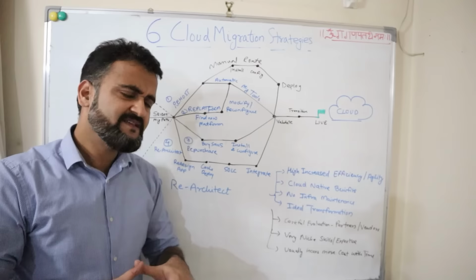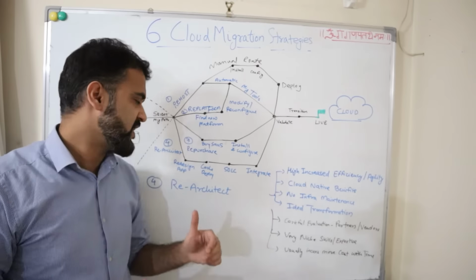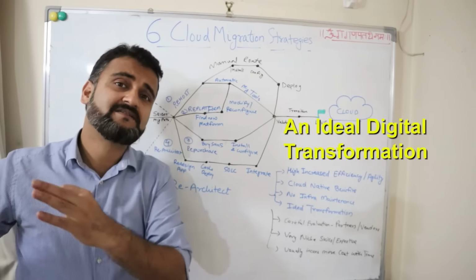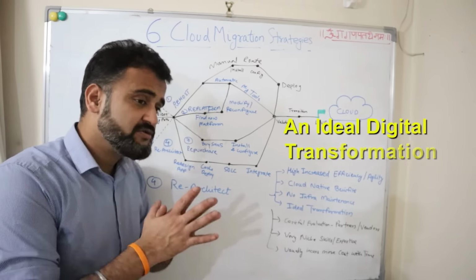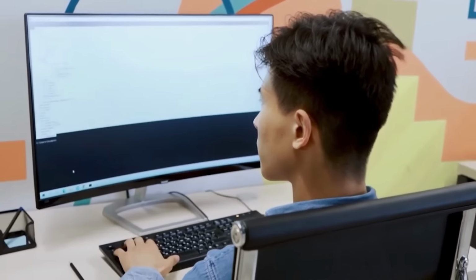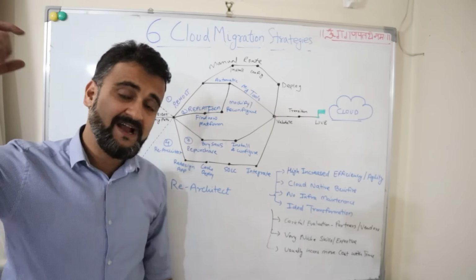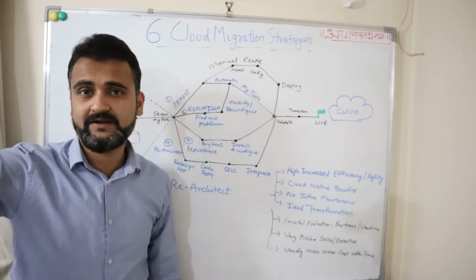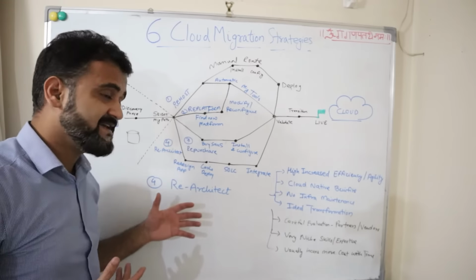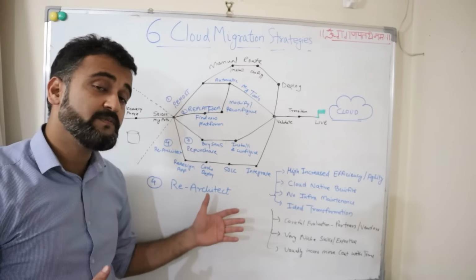But if we have to summarize, I think the fourth one completely summarizes the benefits of this approach, which is an ideal digital transformation, because you are looking far ahead into your cloud journey and taking those hard steps, those pains, which would give you return on investment later on. So yeah, these are the benefits. But obviously, as I said, this is a complex, lengthy approach, so it would be costly.